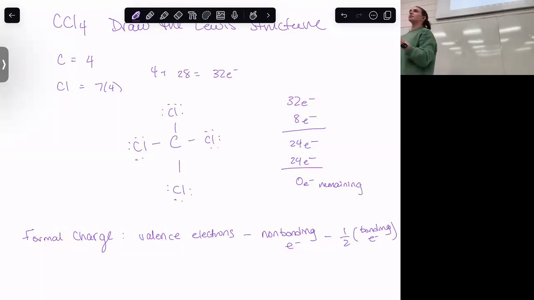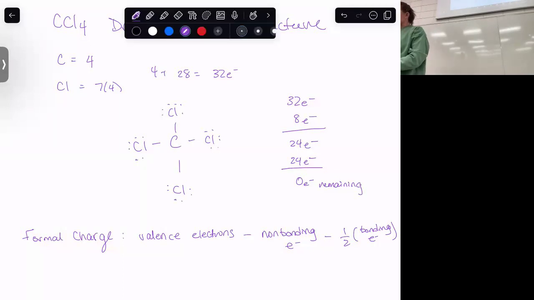So if you have a double bond, usually 4 electrons are in that double bond, but we're saying, okay, we're going to split those equally. So this atom gets 2 and this atom gets 2. That's why we take half. One very easy way to count this is by counting the number of dots you have and counting the number of lines you have.